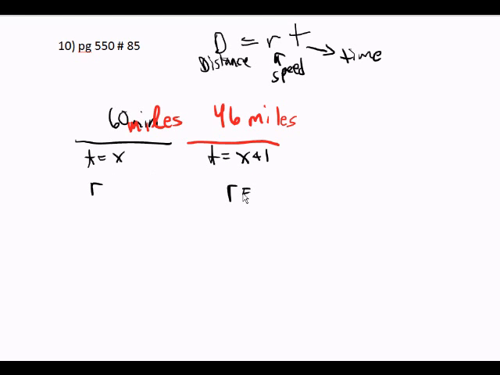So her speed is R over here, and her speed is R minus 4 over here. So this is speed, I'm just going to put R, and this is the time. Maybe I should have used T and T plus 1.